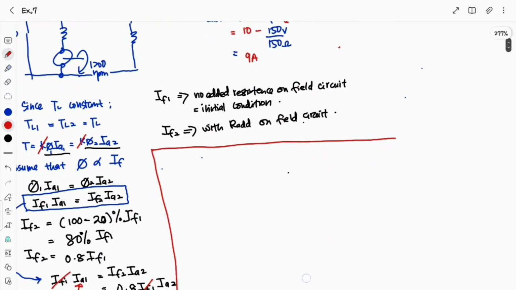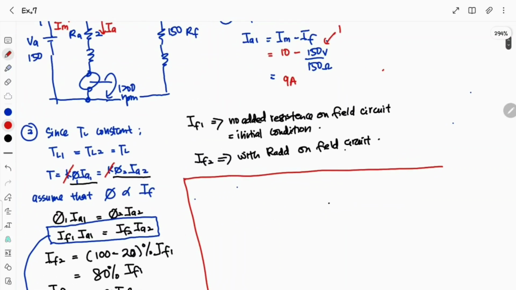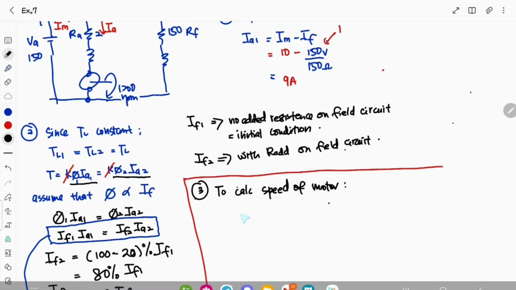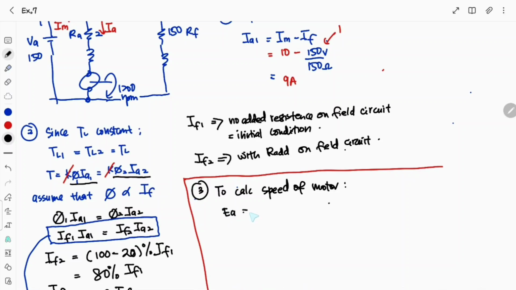So number one here, number 2 and number 3. To calculate the speed of your motor, we know that we have another equation for your motor, which is EA equals kV omega.